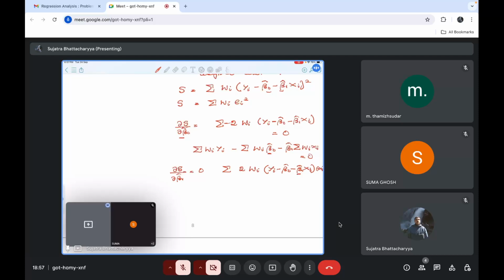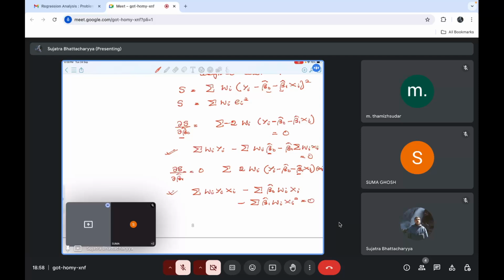Based on this, we get another equation: summation Wi Yi xi minus beta naught hat summation Wi xi minus beta 1 hat summation Wi xi square equals 0. These are the two equations which we get.